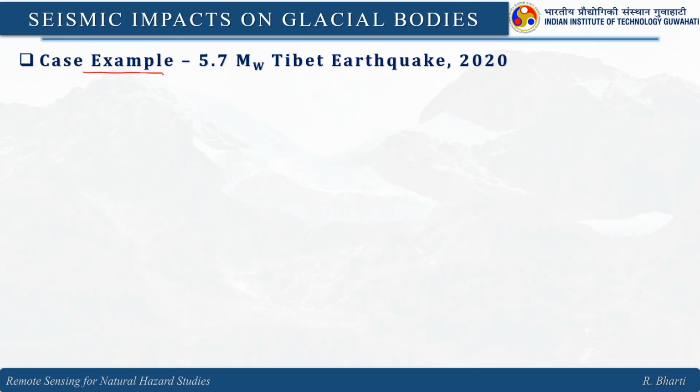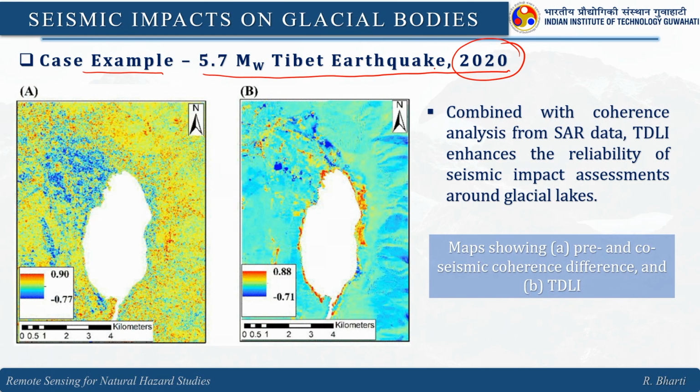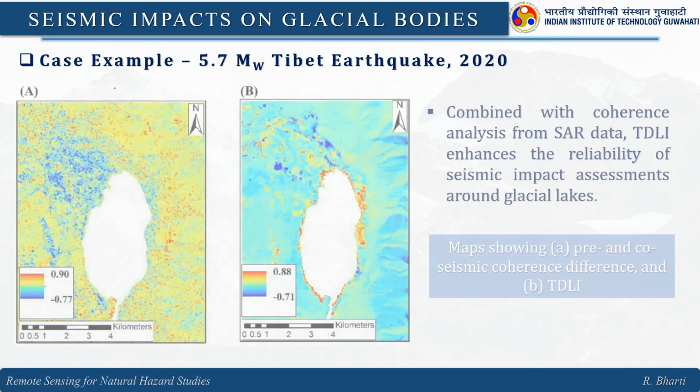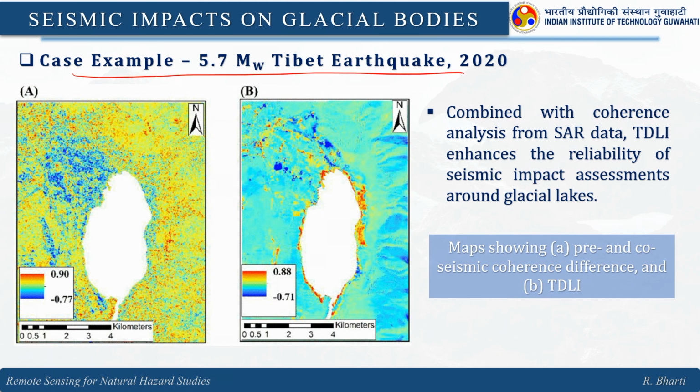For example, the 5.7 magnitude Tibet earthquake which occurred in 2020. So, we have used the interferometric SAR and then we have identified how vulnerable, what is the impact of this seismicity on this particular area. So, this is one example from the Tibet earthquake which occurred in 2020.